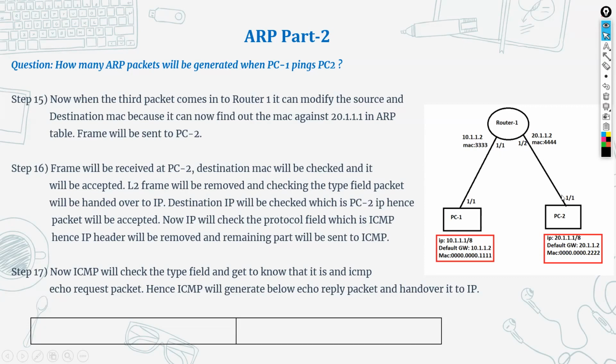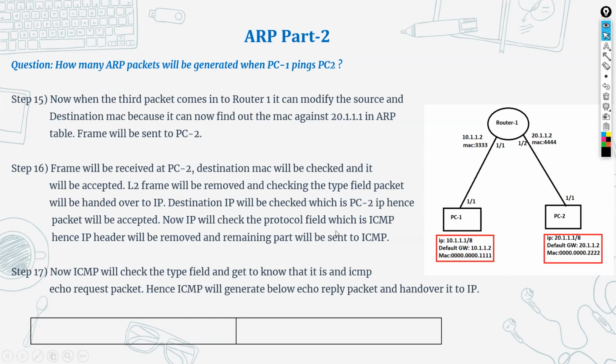It received 3333, which is not the MAC address of PC2. That is why, if the router does not change the layer 2 header, which is the destination MAC of the next hop IP, PC2 will never accept this packet, because the destination MAC is not that of PC2. That is why the packet rewrite at router 1 changes the source MAC and destination MAC.